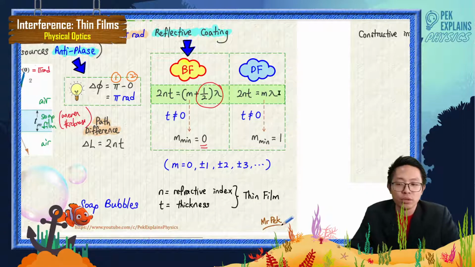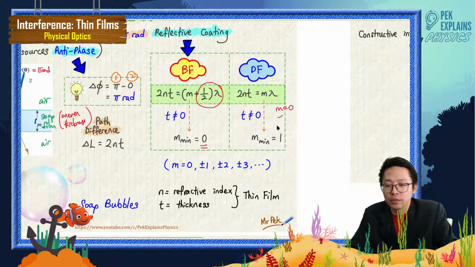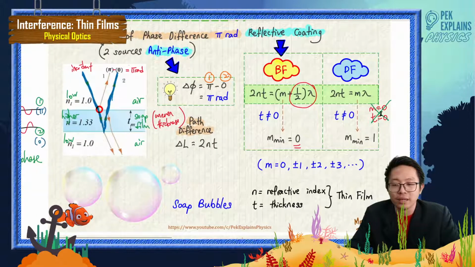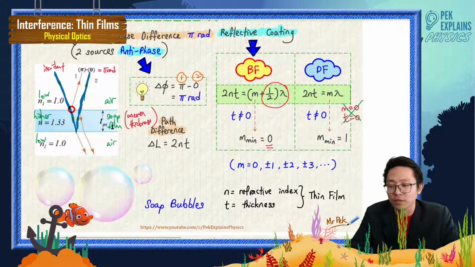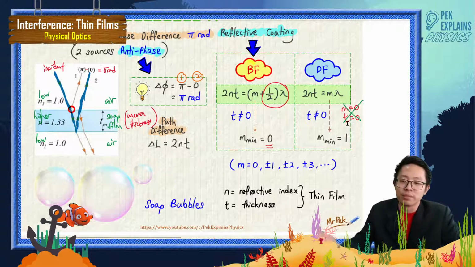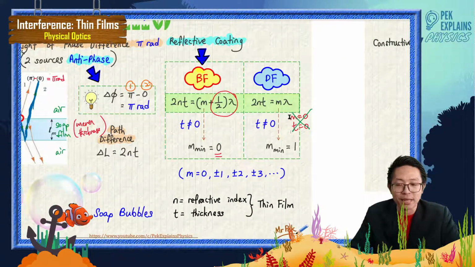But if there is no half lambda, you cannot put m equal to 0, because the thickness will become 0, which is impossible. If there is 0 thickness of thin film, it means there is no soap film at all, no soap bubble at all. So for m lambda, I cannot put m equal to 0 because it will make the thickness 0. The minimum order is 1.